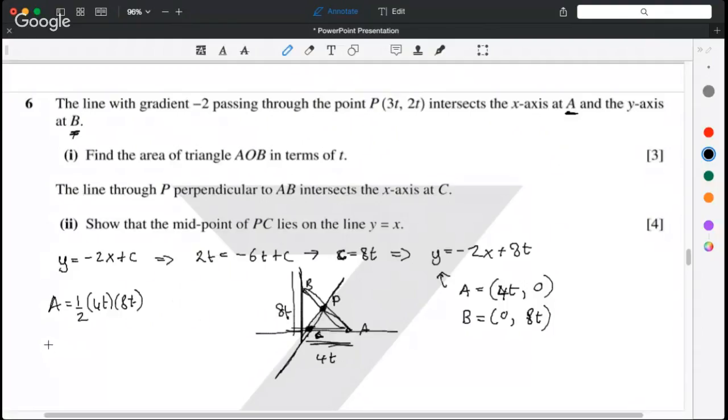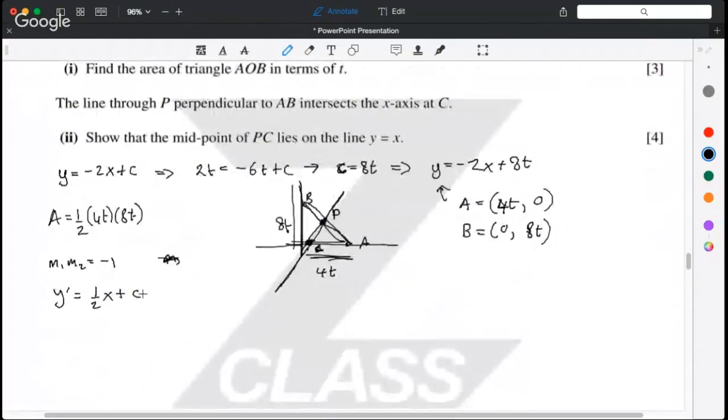And what do we know about perpendicular lines? Well, if two lines are perpendicular, then the gradient of one times the gradient of the other, the product, is -1. So in this case, our y prime, which is our new line, is equal to 1/2 x plus c.